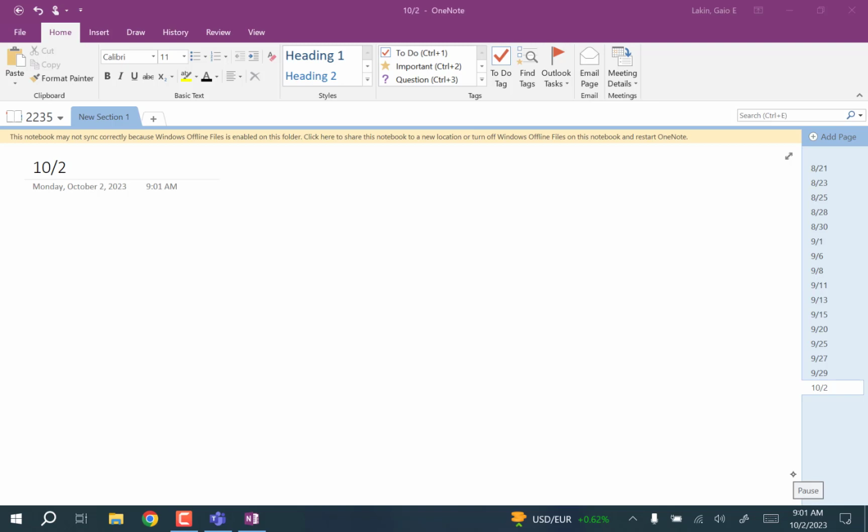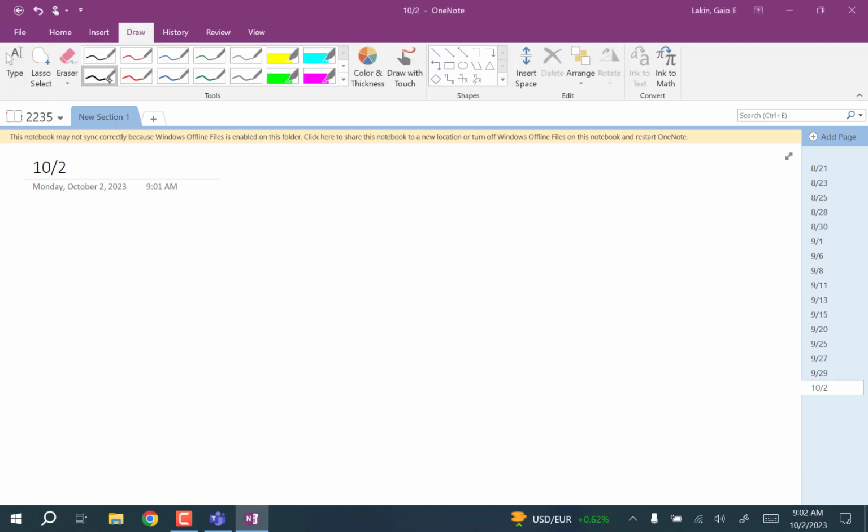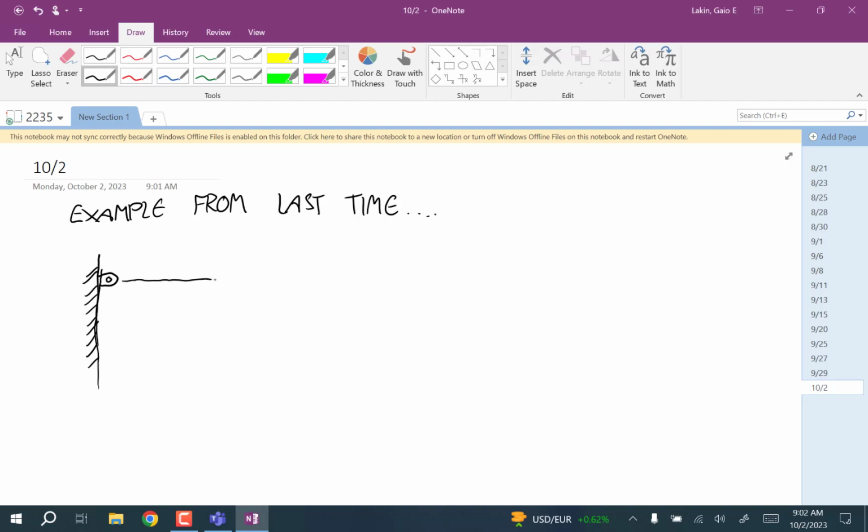All right. So last time we started working on this. We had this horizontal member that's 0.8 meters long, and it's connected by a pin joint to this diagonal member.